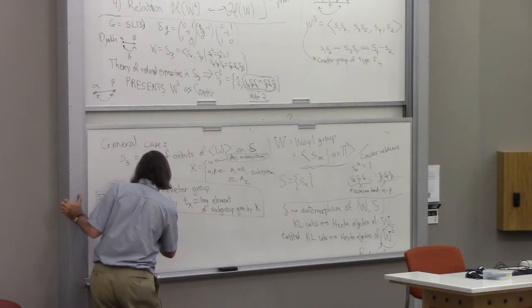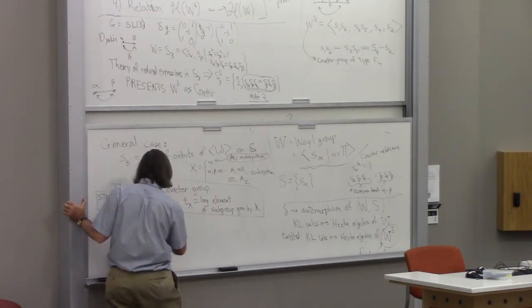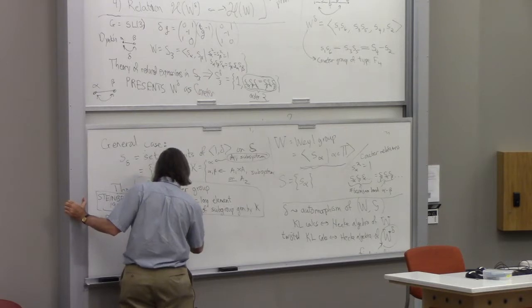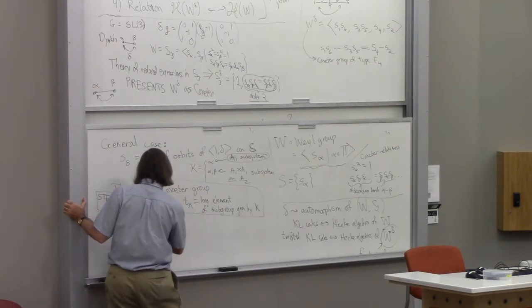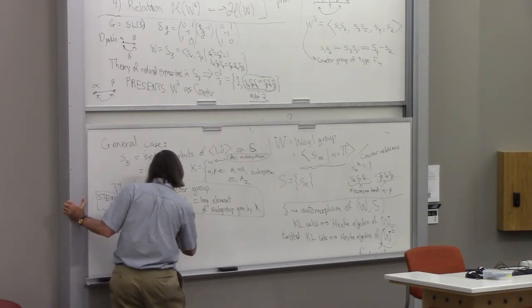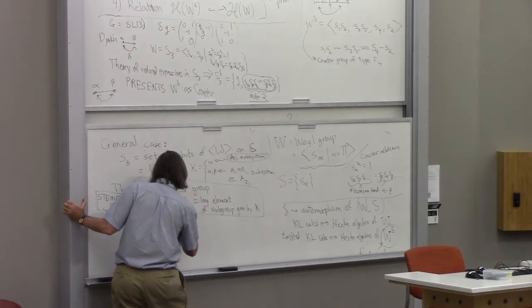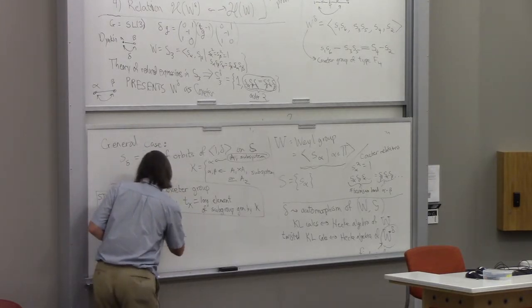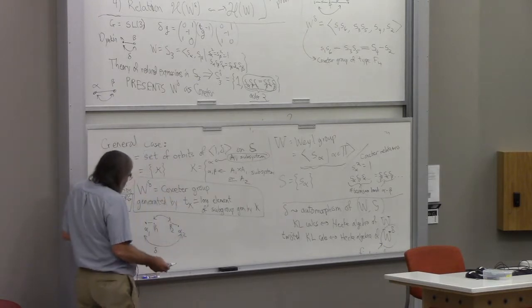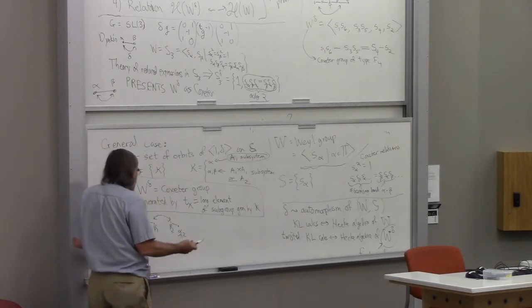So if you have an alpha 1 and an alpha 2, which are interchanged by delta, and a beta 1 and a beta 2, which are interchanged by delta, then what?